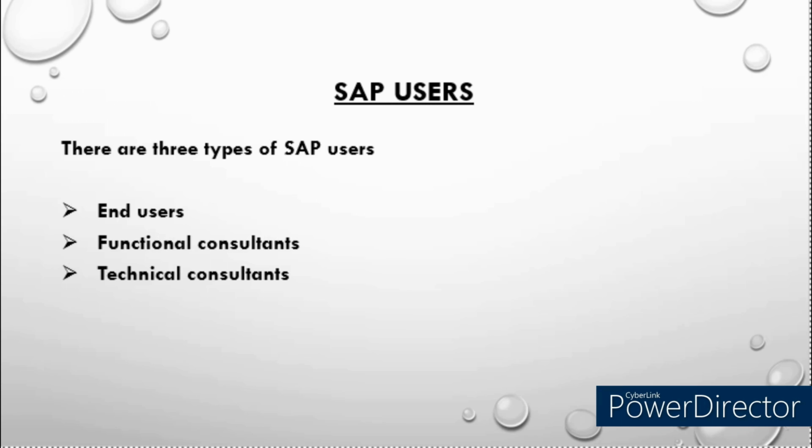But every module has a different consultant. Finance has a finance consultant, MM has a material management consultant, PP has a different one, and technical has a different one, because there is a third part, technical consultants, who are related to ABAP and Basis.